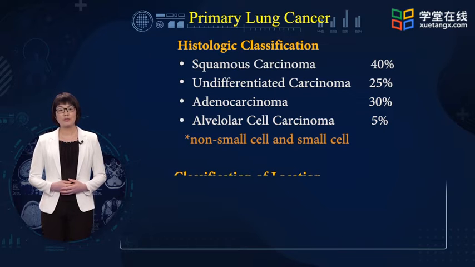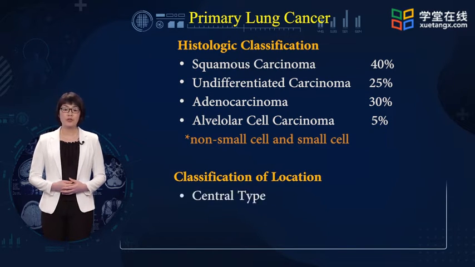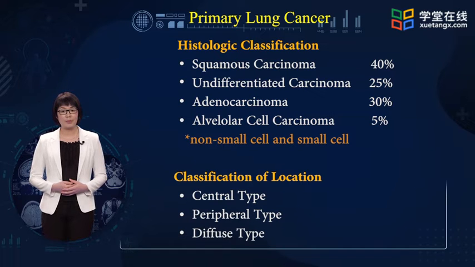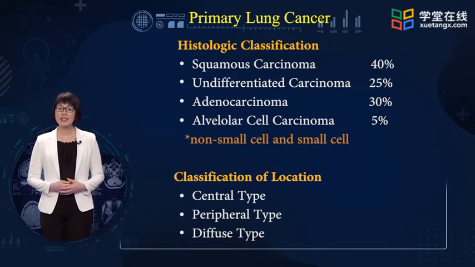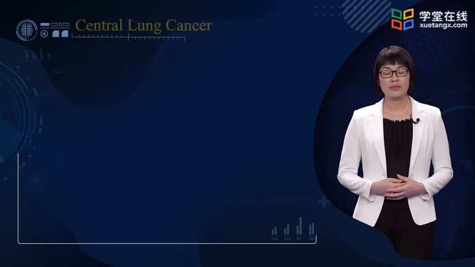Based on location, primary lung cancer can be classified into central type, peripheral type, and diffuse type. The clinical features are variable, correlated with histological type, site, and degree of development of the carcinoma. In this session, we will talk about the imaging features of primary lung cancer based on the site.